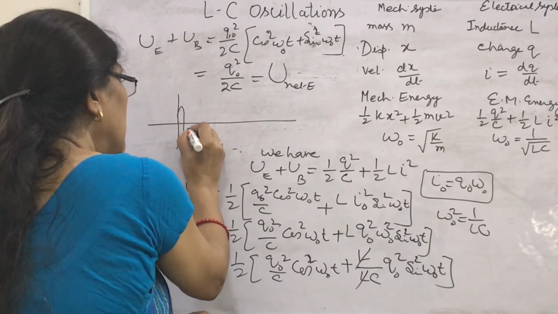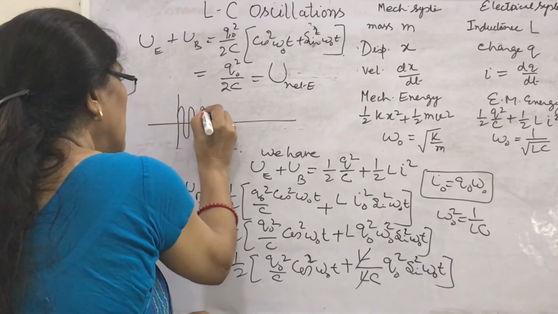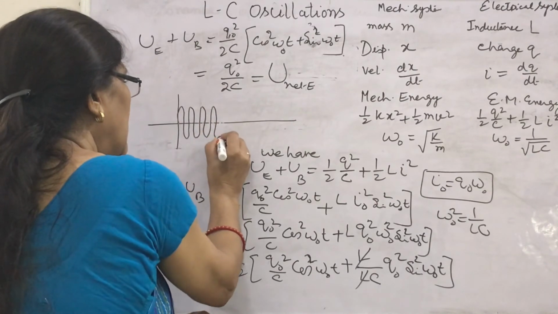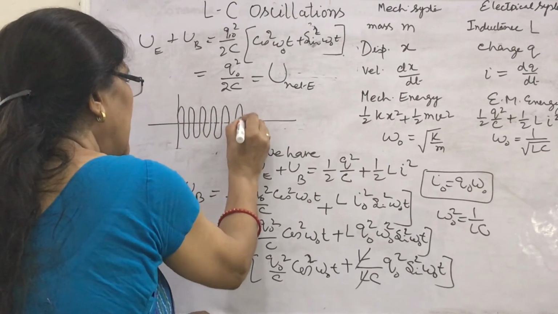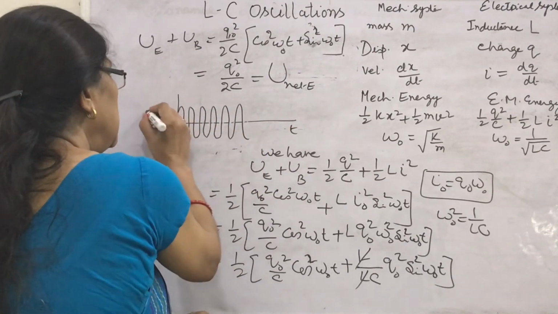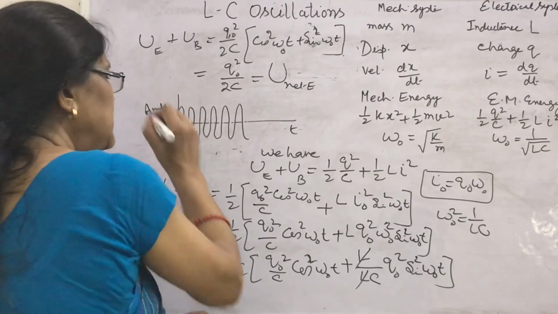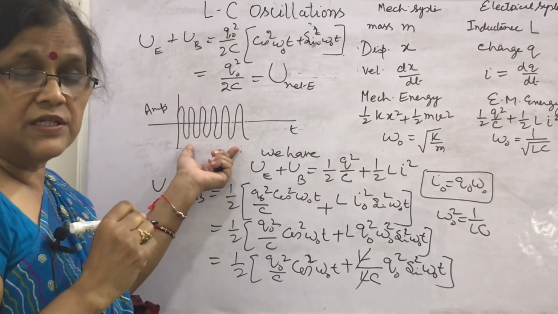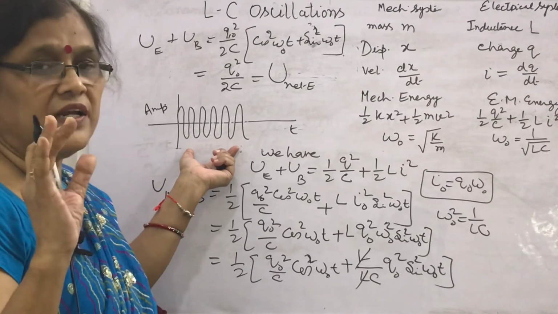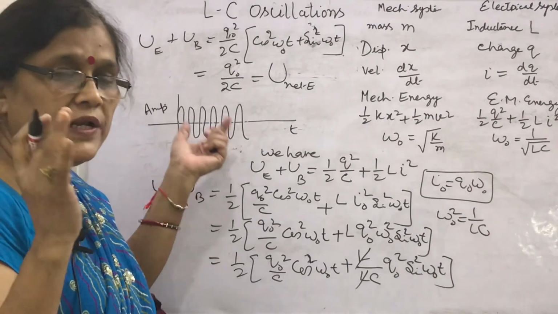The oscillations of constant amplitude and frequency that are produced are called undamped oscillations, but this is the ideal case. What happens?